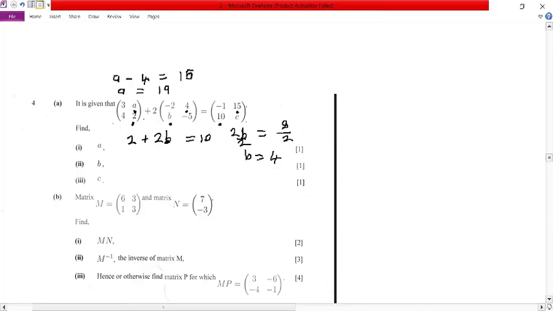So to find the value of C, we are going to compare 2, minus 5, and C. So it's going to be 2, then 2 times minus 5, it's minus 10. This is equal to C. So our C is simply equal to minus 8.